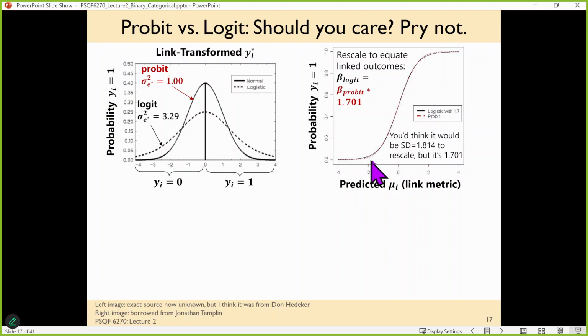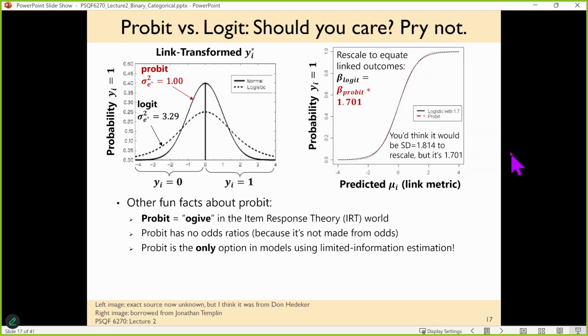It turns out some genius figured out that there's a rescaling constant of 1.701, if you want to be very specific, by which you can multiply probit by 1.7 and turn it into logit. It's just a rescaling. So once you do that, then the predicted probabilities, do you see the difference between the red and black lines here? Anybody? Any eagle eyes in the room? Do you see the difference? Yeah, a little challenging.